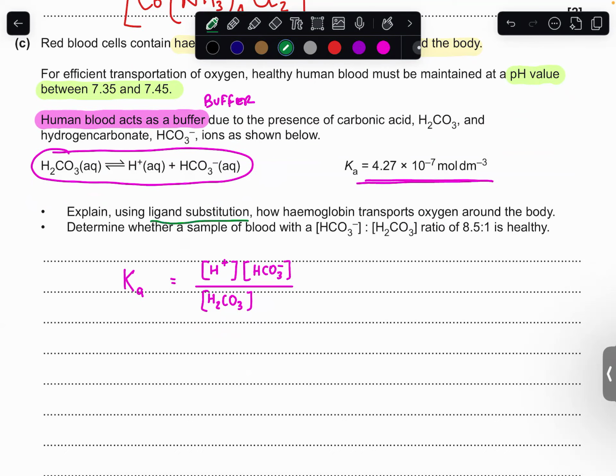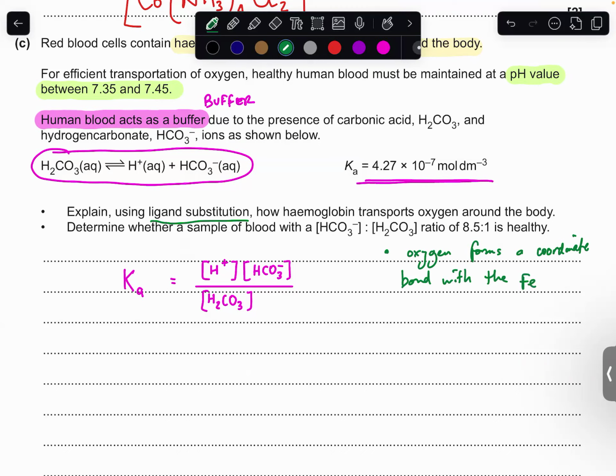Now, what it does, oxygen, so this is the first point, oxygen forms, like we discussed with complex ions before, a coordinate or a dative bond with the iron in the complex.